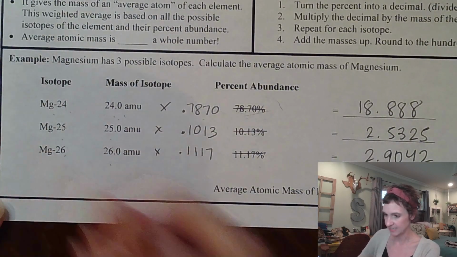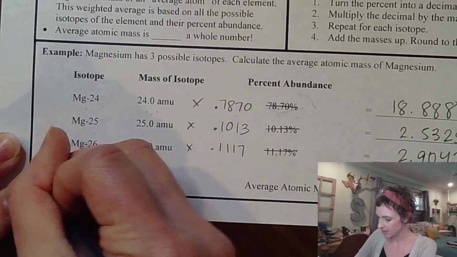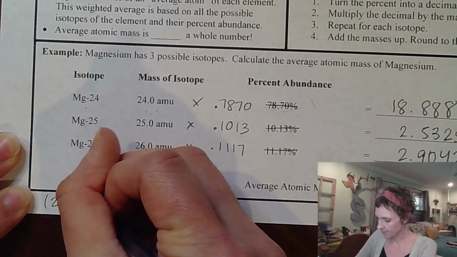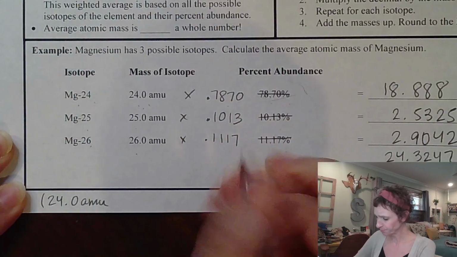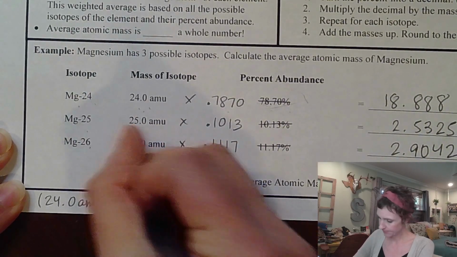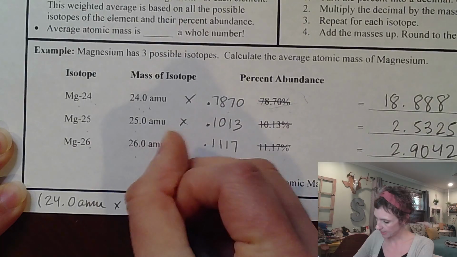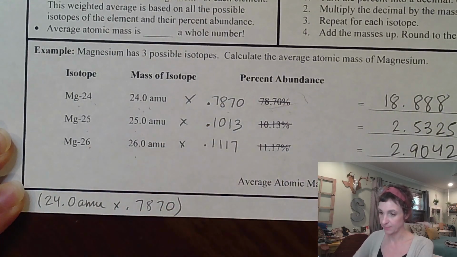So what that means is down here on the bottom, we're going to write 24.0 AMU, because that's the mass of my first isotope. And we're going to say times 0.7870. And that's the percentage in decimal form for that first isotope.